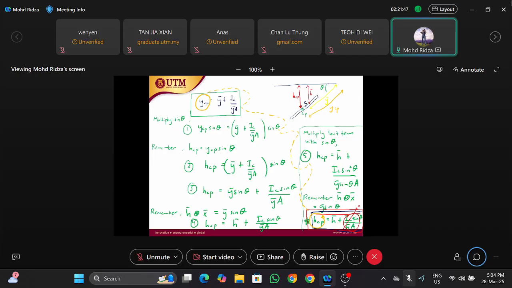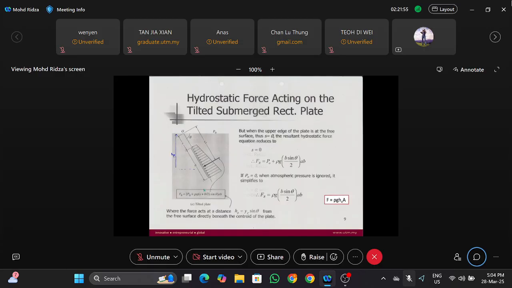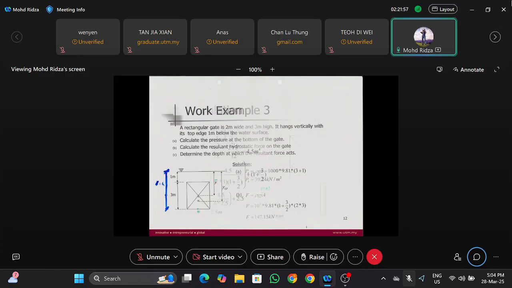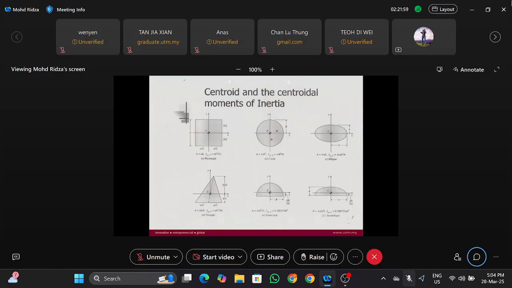But because we have this term, HCP will always be larger than HC. Right? This is another diagram showing the centroid, showing the second moment of area. So it's the same. It's always the same.